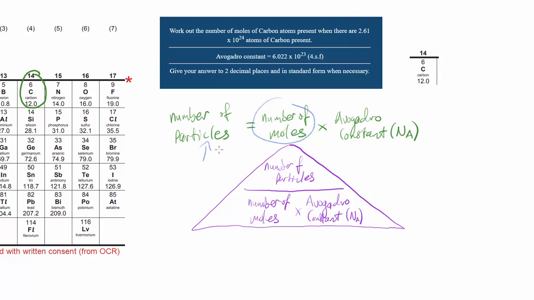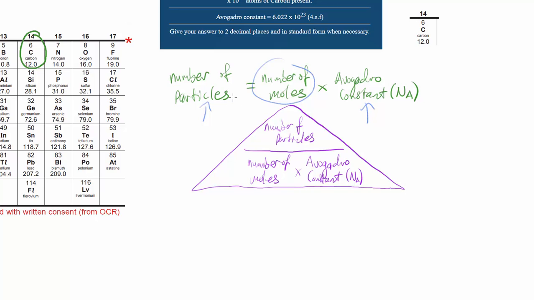We've been given this, and we know that we've been given this. So to work this out, we're going to have to divide the number of particles. I'm just going to briefly represent this as P, and that as Na. I'm going to represent the number of moles as N. So to work out N, which is what we're looking for, we're going to do P divided by Na.